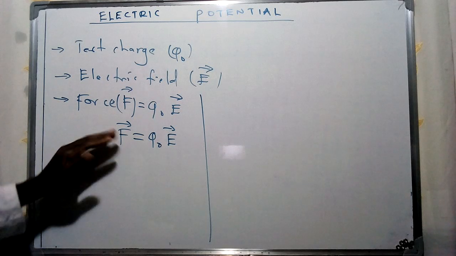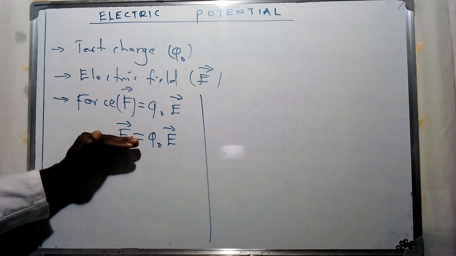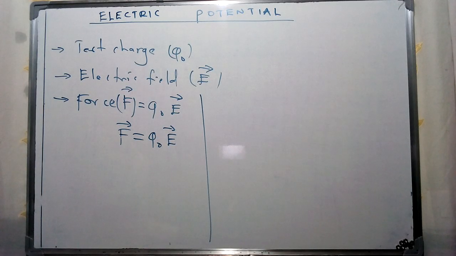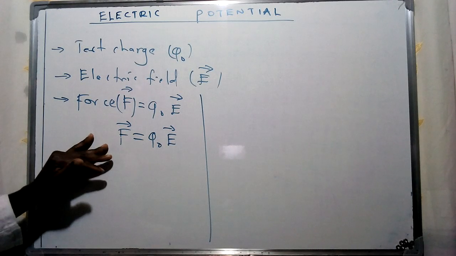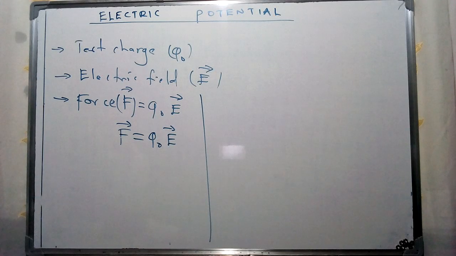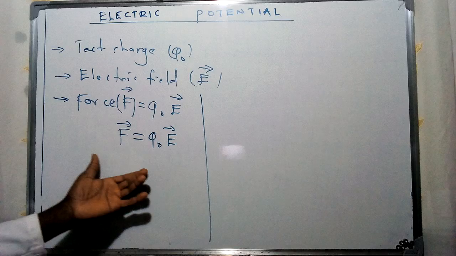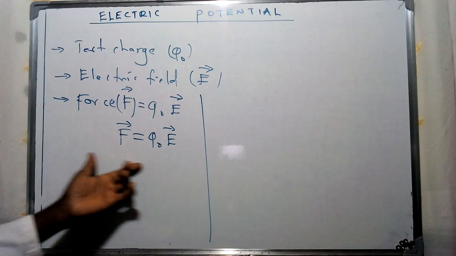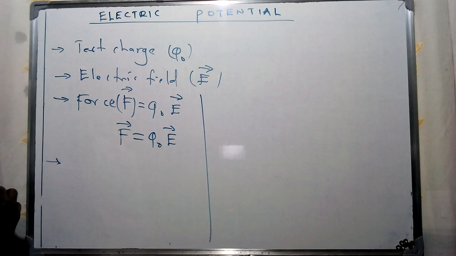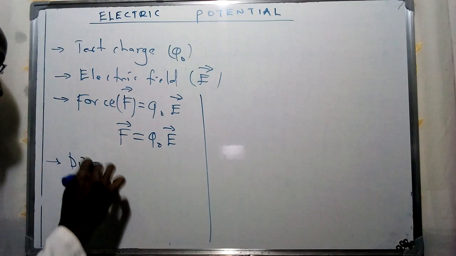So when this test charge is moved in this particular field by an external agent, there's going to be some work which is going to be done by the field on this particular charge, which is going to be equivalent to the negative work done by the external agent that is going to cause this specific displacement in this particular field. Now, for us to understand this, we're going to consider a slight motion or an infinitesimal displacement in this specific field.